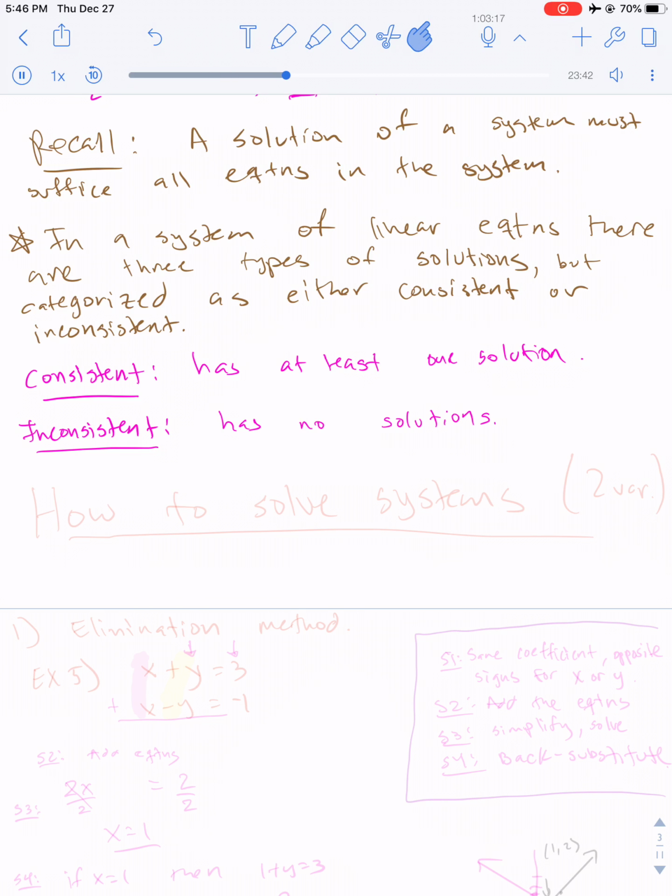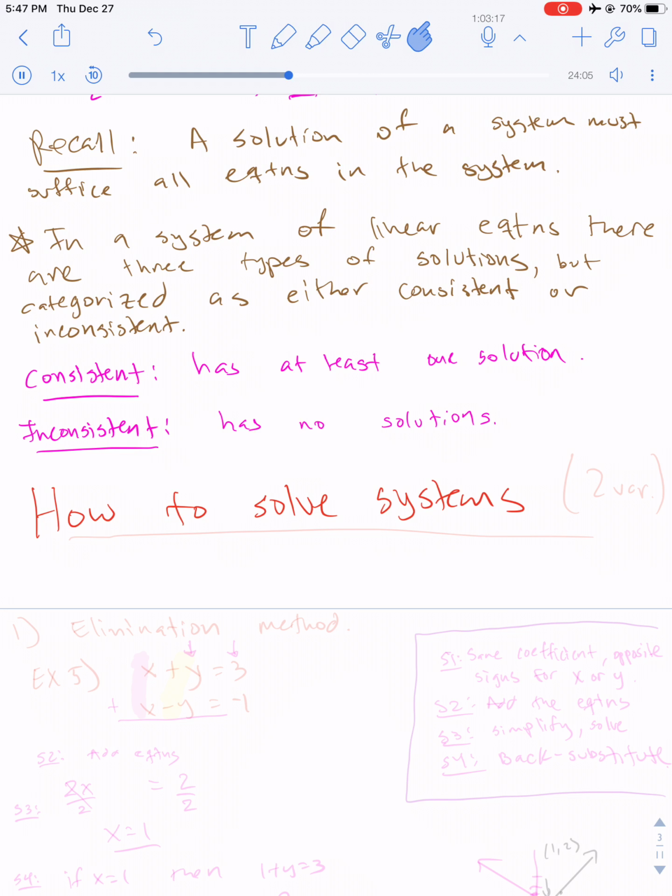Now, how do we go about solving these types of systems? So, in the case of a two-variable system, let me change to this. How to solve systems. And again, this is of linear equations.